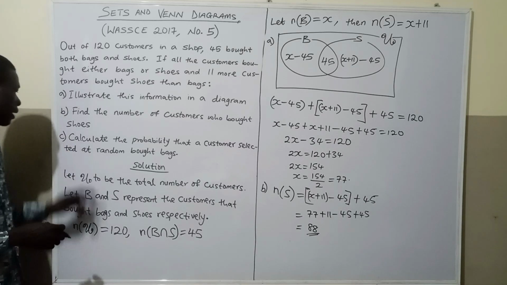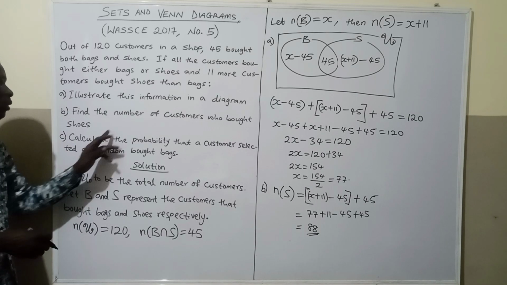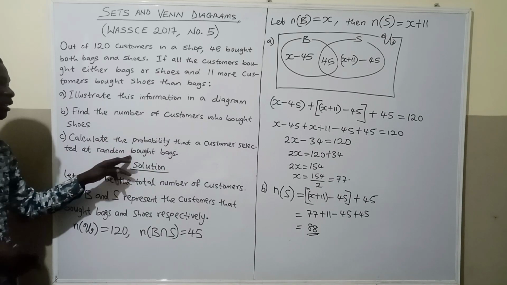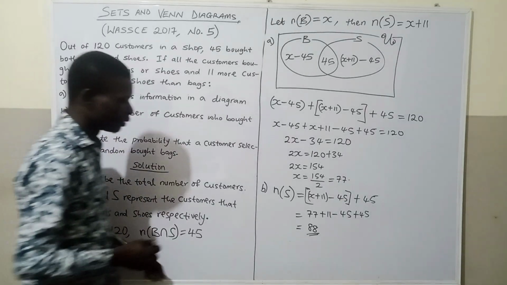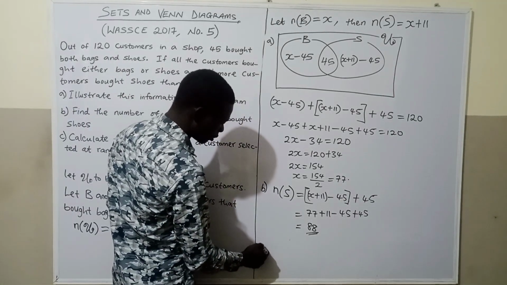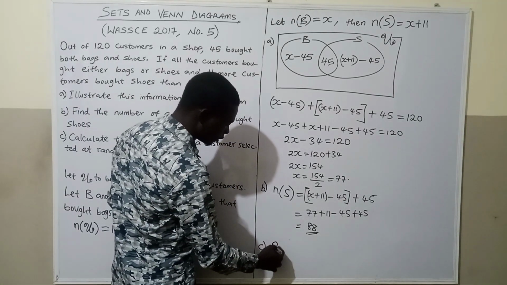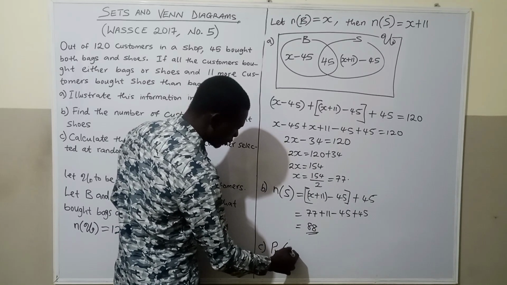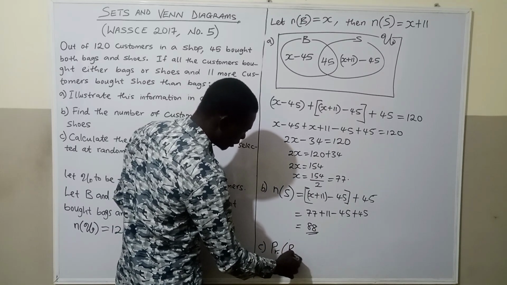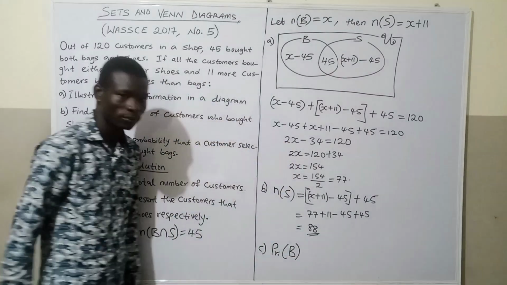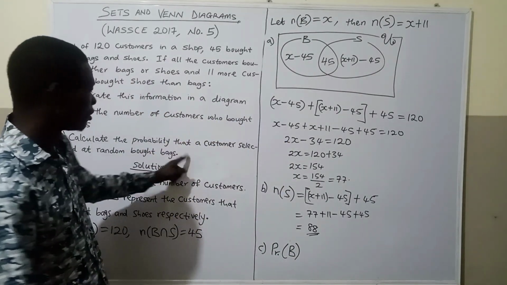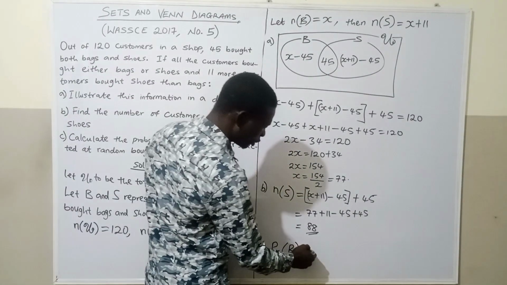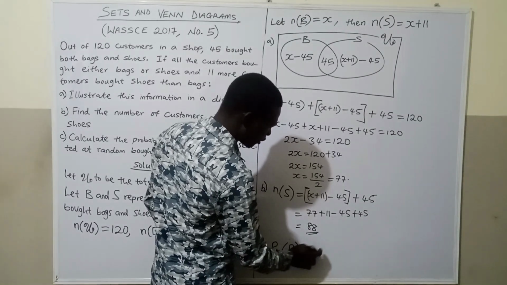And question number 3 says, calculate the probability that a customer selected at random bought bags. So this one is a probability question. That's the probability of B, those that bought bags. How do you get the probability of B?